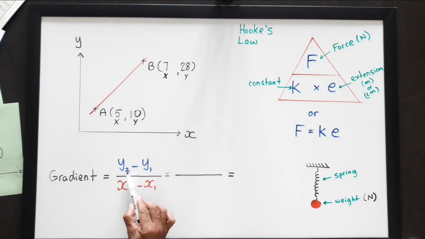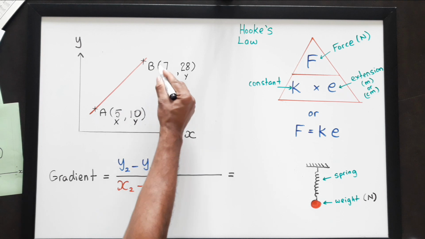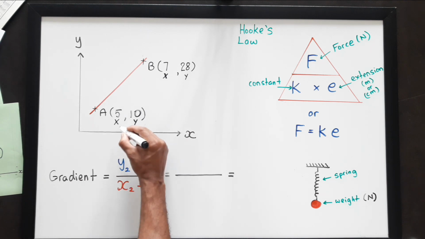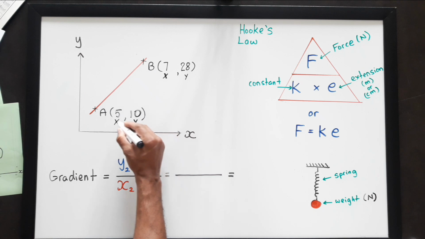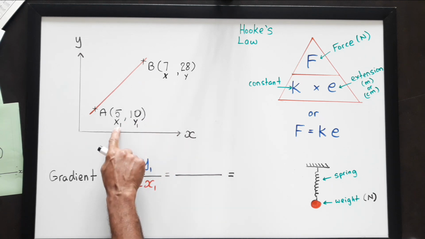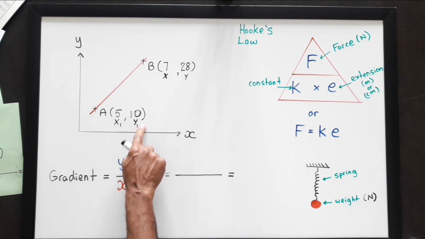You notice the formula has smaller subscripts 2 and 1. So where does that come from? Well, remember that we have 2 points A and B. Choose any point first. It does not matter if you choose point A first or you choose point B first. But let's just choose A first. If we choose A first, everything in A will have the subscript 1. So this becomes x1 and this becomes y1.